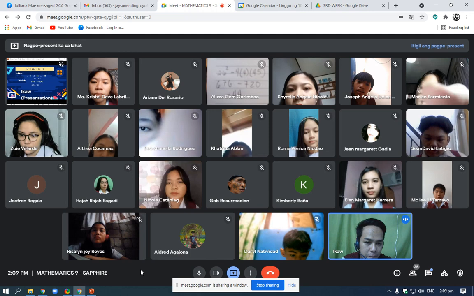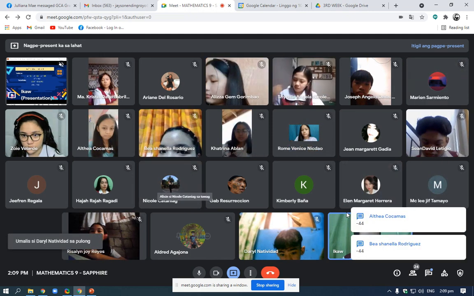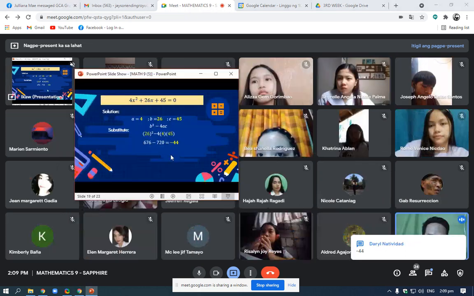Okay. Kay Eliza, Gem, nakikita ko po, negative 44. And for the others, negative 44 then. Okay, negative 44. So if we subtract 676 minus 720, the difference is negative 44.